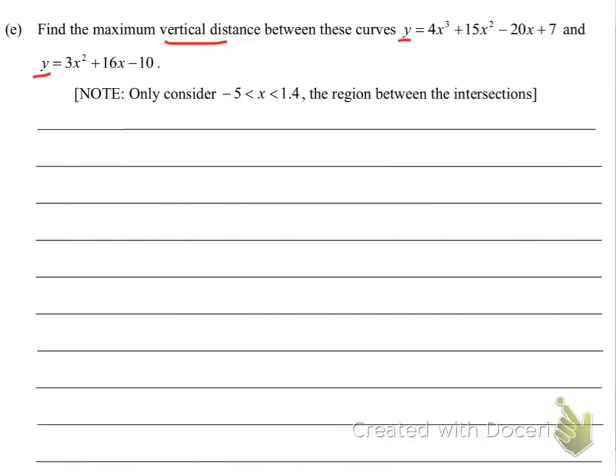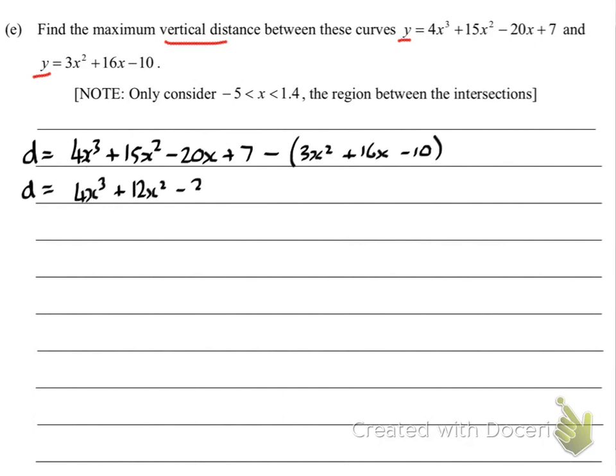Now we want to find the maximum vertical distance. So the vertical distance is measured by the y. So what we're going to do is subtract these two y equations. So there's the first one, and I'm subtracting away the second one. Make sure you're careful with the negatives.